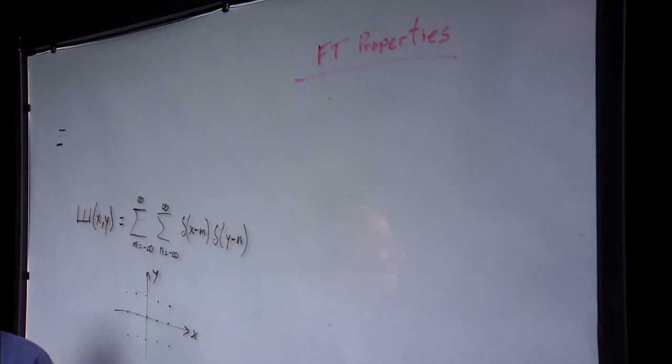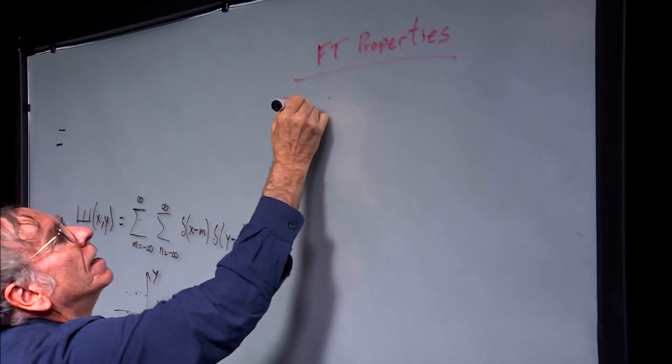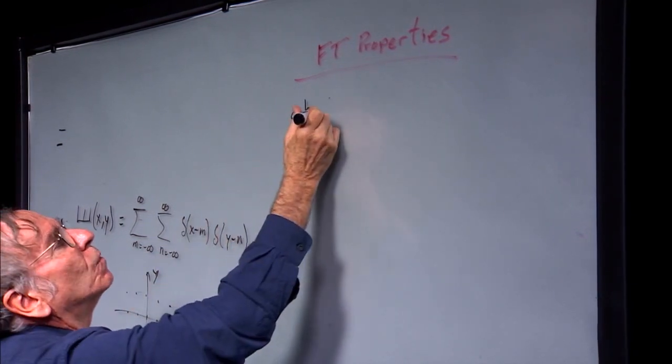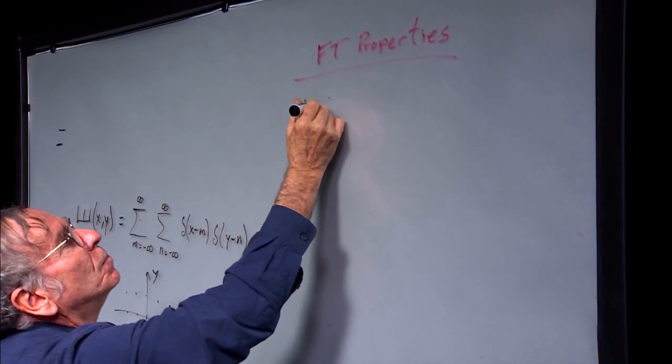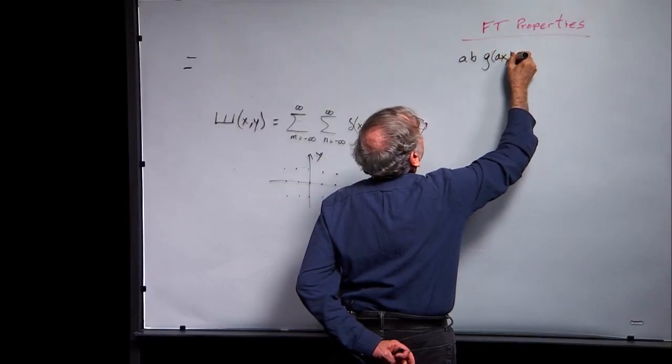The first one is the scale property, and it's really pretty close to what we had before. So if we make our function of x and y narrower, so we have g of ax, by.